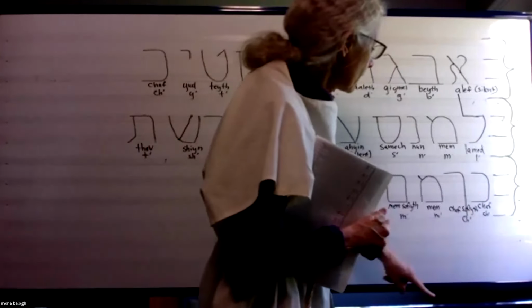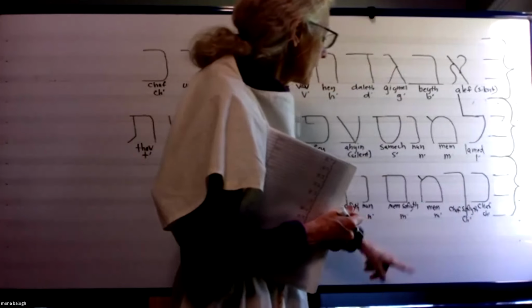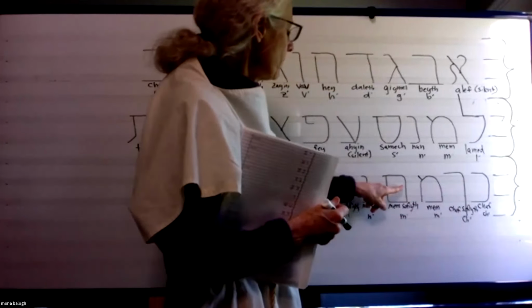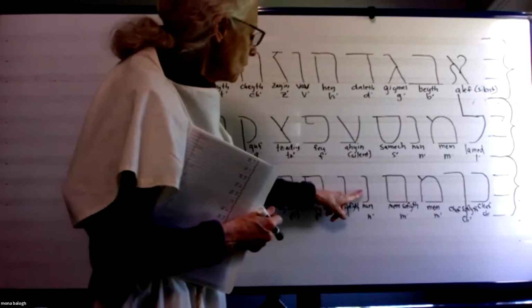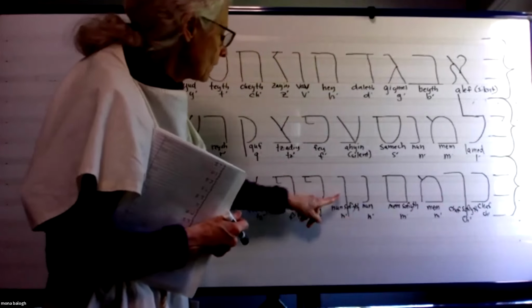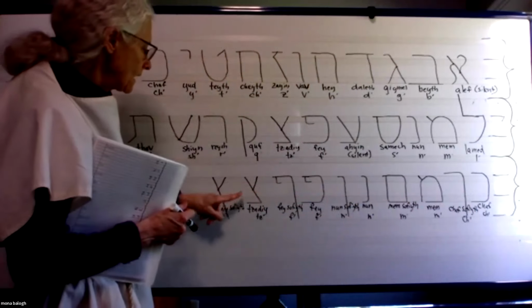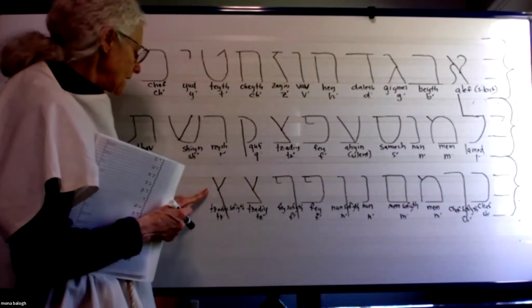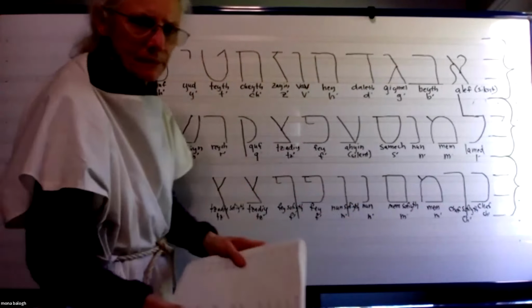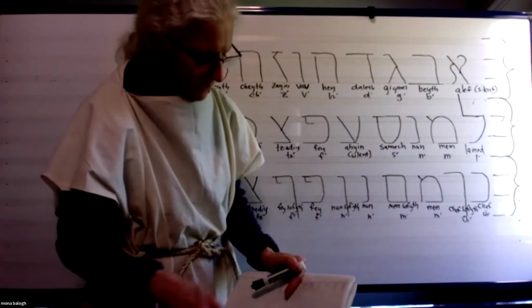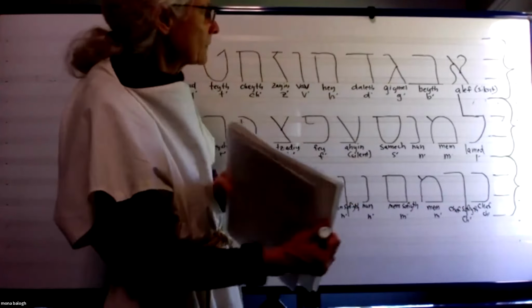Okay, so let's go through these. Chaf, chaf sofiyth, mem, mem sofiyth, nun, nun sofiyth, fey, fey sofiyth, sadi, sadi sofiyth. All right, so we're going to end with that.